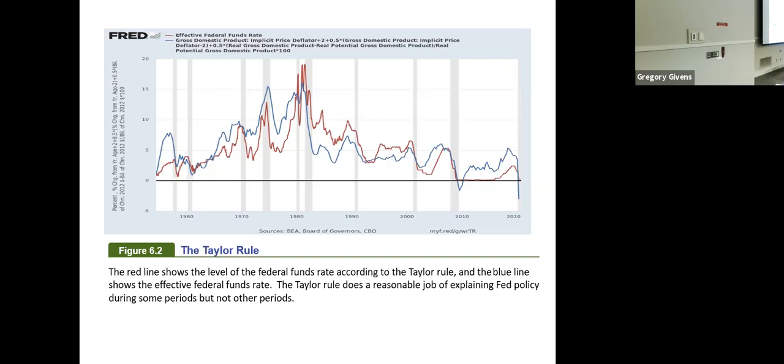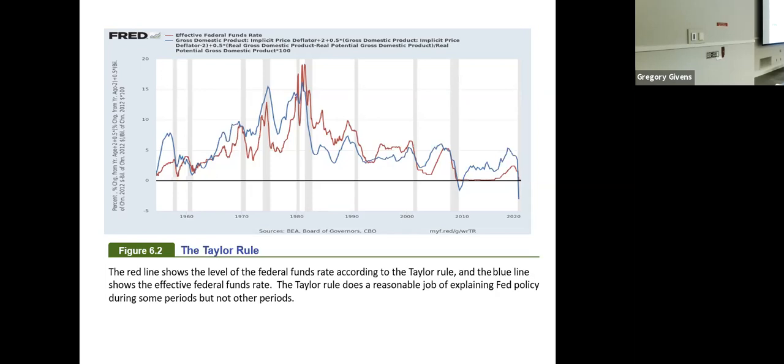And you can compute that by using the formula tool on the FRED website, right? So you'll notice here that basically I've got 2, that's the equilibrium real rate, plus the GDP deflator measure of inflation, plus 1/2 times the inflation gap, plus 1/2 times my definition of the output gap.